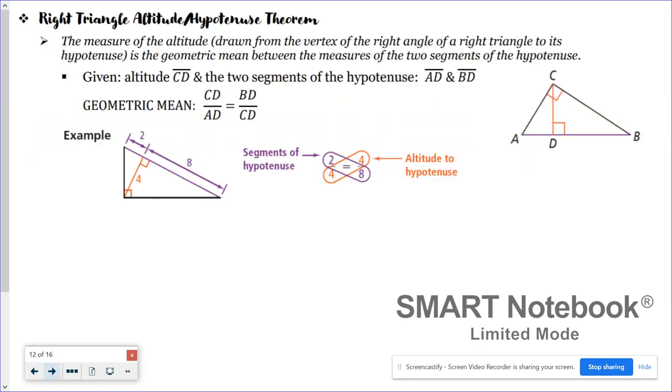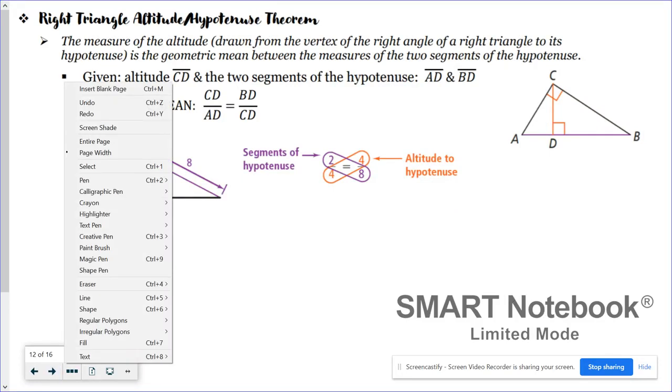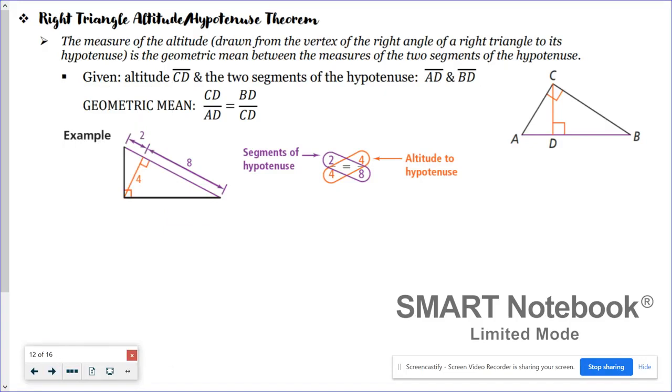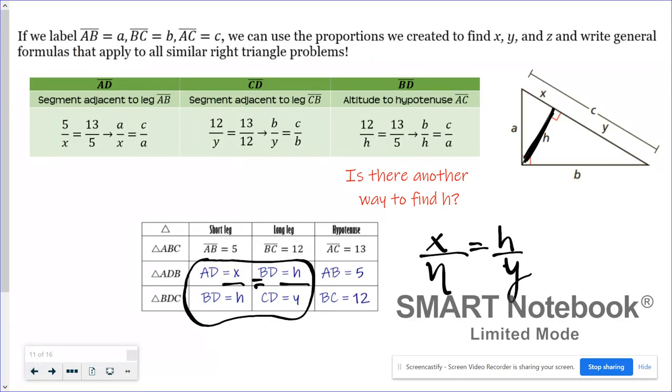This is the right triangle altitude hypotenuse theorem, which says that the measure of the altitude drawn from the vertex of the original right triangle is the geometric mean between the measures of the 2 segments of the hypotenuse. Or simply put, X over H equals H over Y. H is your altitude, X and Y are those 2 segments.